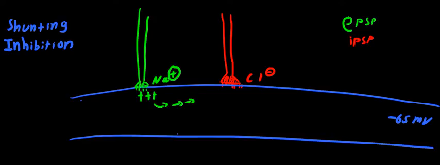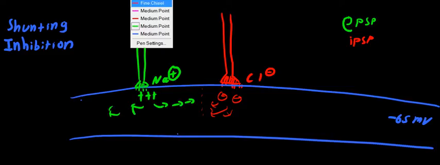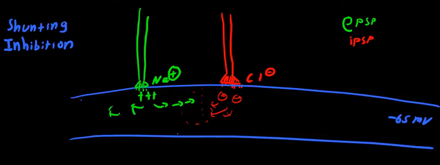Some negative current, which should be in red, would come in, and essentially they would flow and hit each other at this point. It's good to keep in mind that current flows in both directions, and in this region the voltage changes would summate with one another. The final voltage change would be a summation of the two that comes from the two channels, and that's the way spatial temporal linear inhibition works.